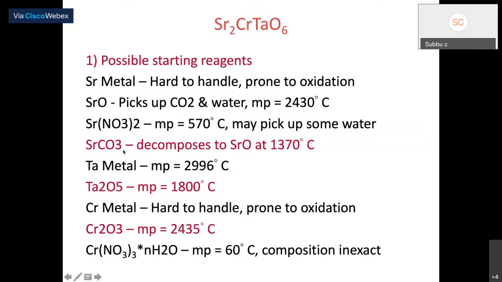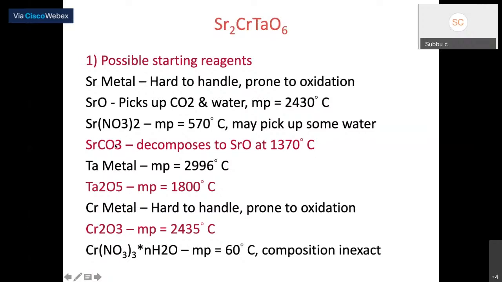Then I settled with strontium carbonate, because it decomposes to strontium oxide at 1370 degrees centigrade. So when I'm using strontium carbonate, the temperature I need to remember is 1370 degrees centigrade.